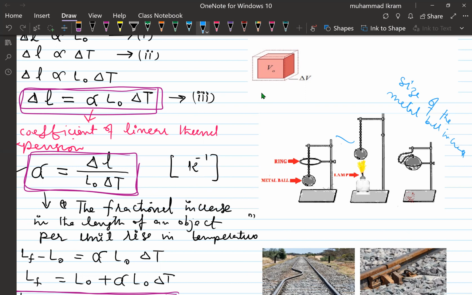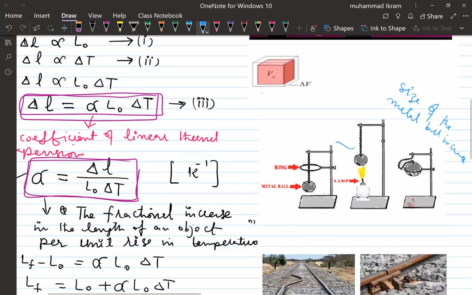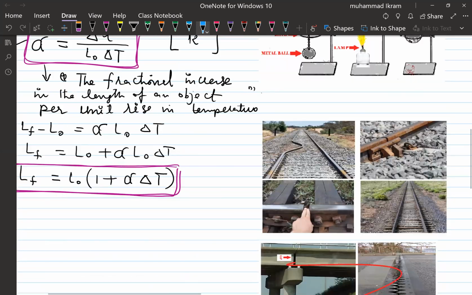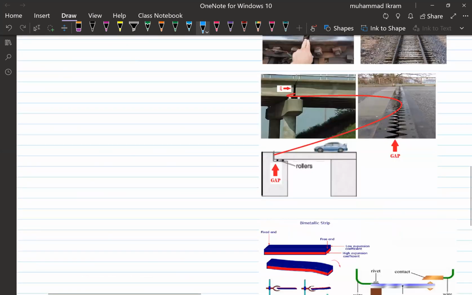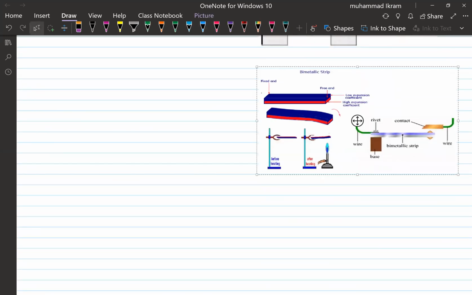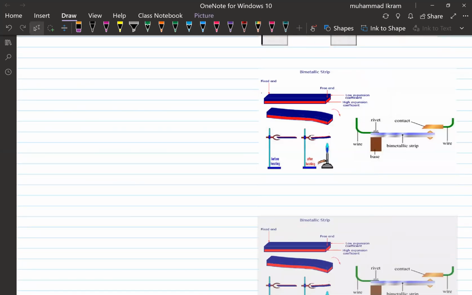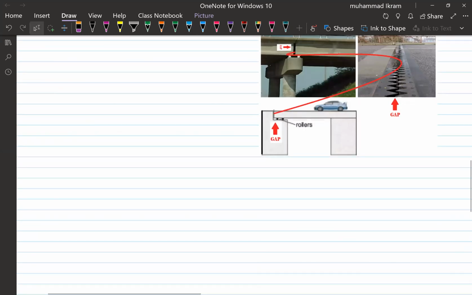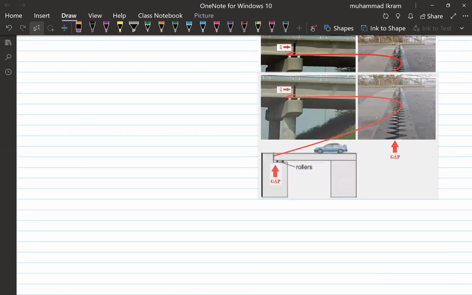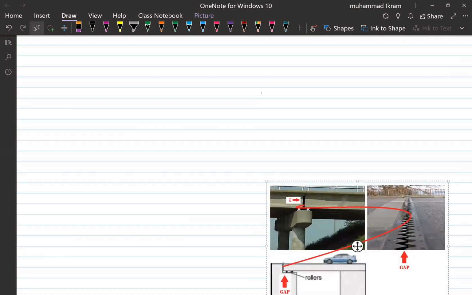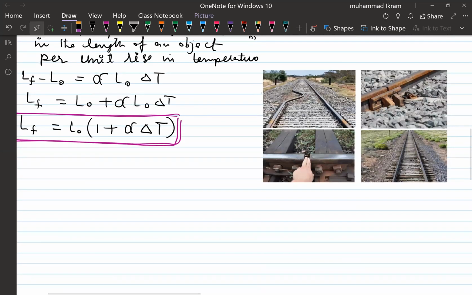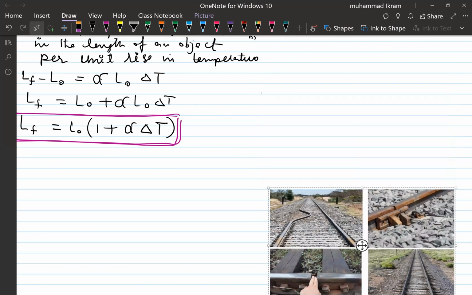So it means that the increase in the length is not just related to the length, but it is also related to the volume of an object.